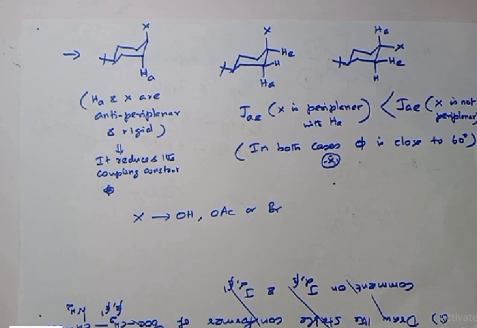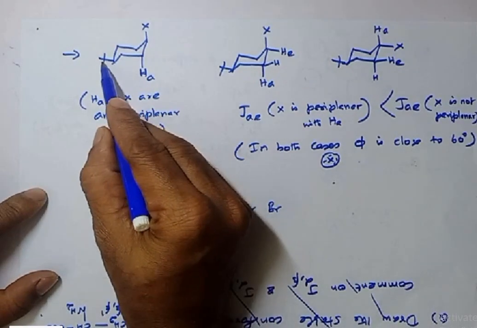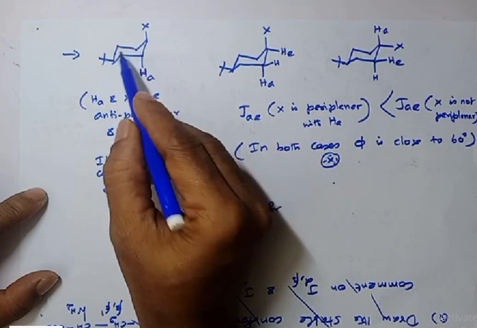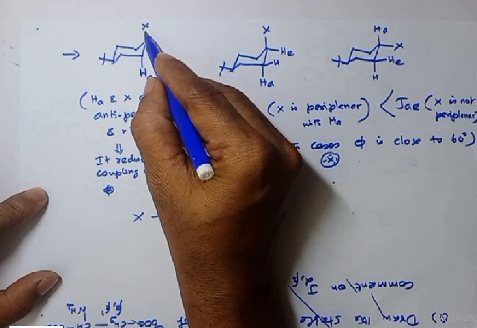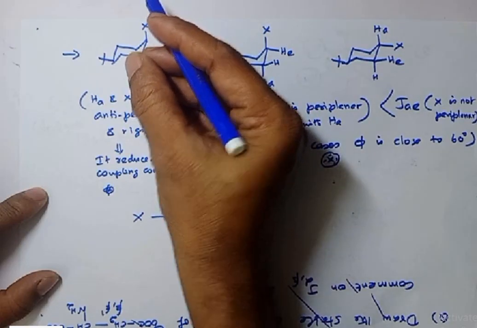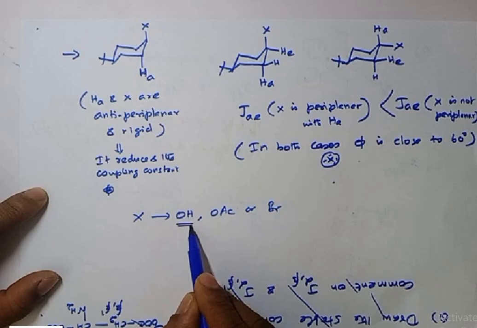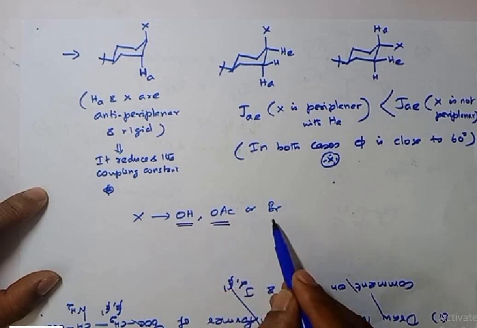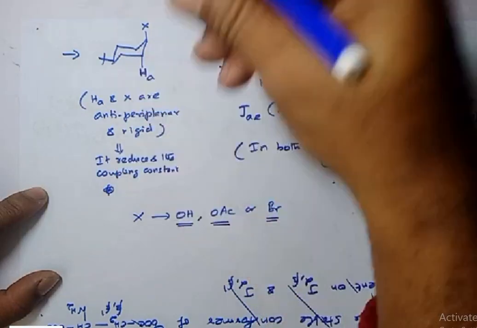Right. See, in a rigid system, I have a tertiary butyl group here. So this is actually a rigid system. Suppose I have some electron-withdrawing group, say the X may be an OH group or OAc group or a bromine atom, an electronegative group, so that it pulls the electron density.